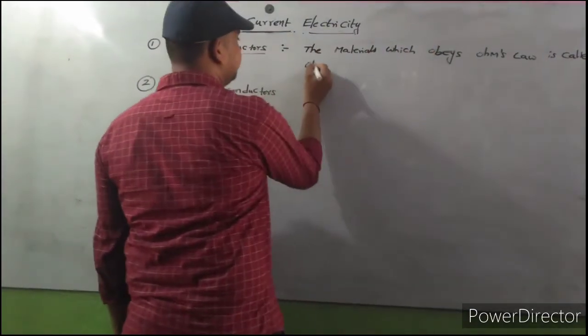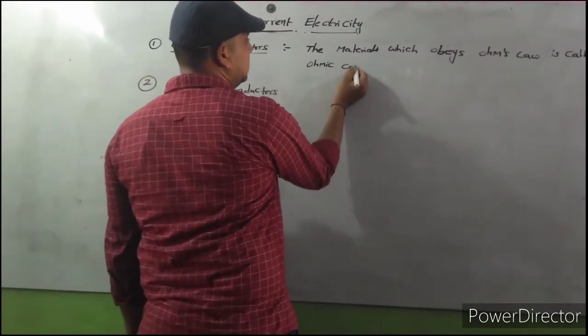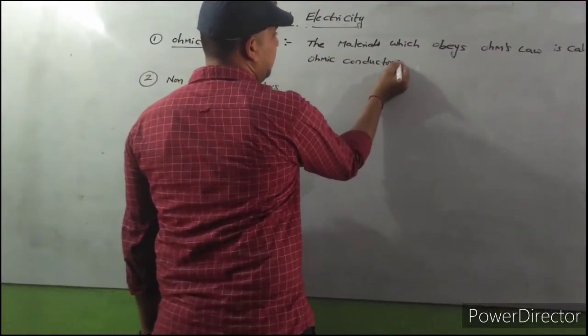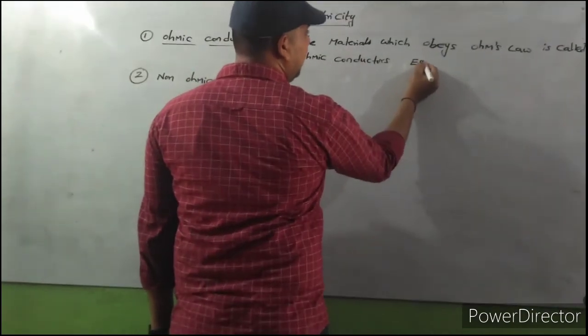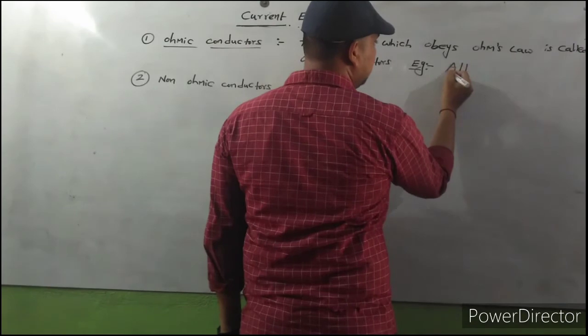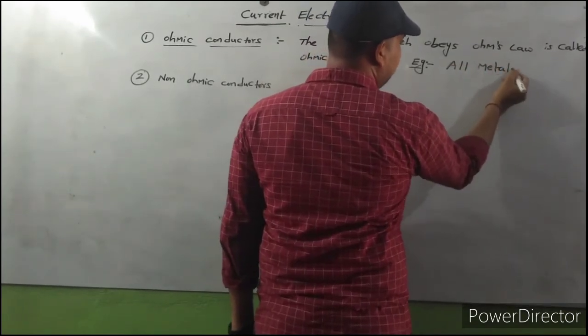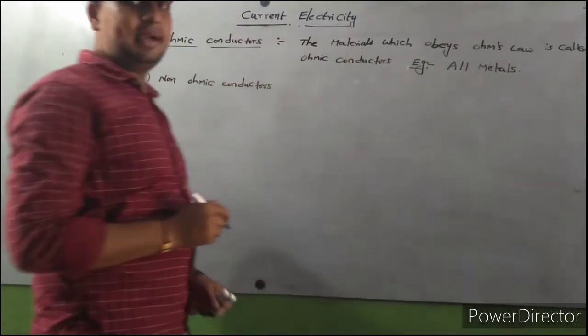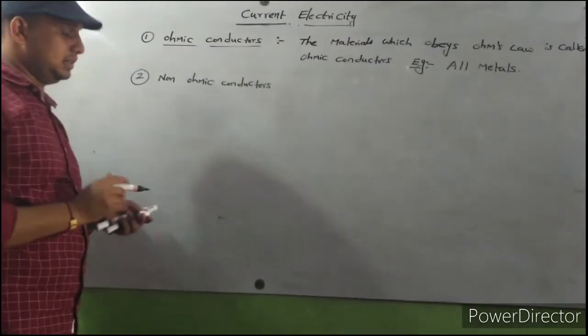For example, all metals are the best examples of ohmic conductors.